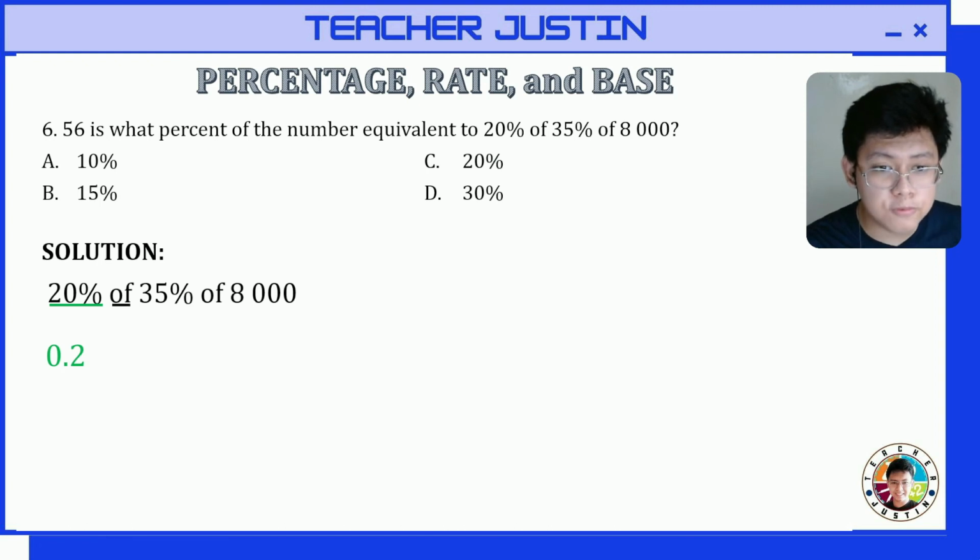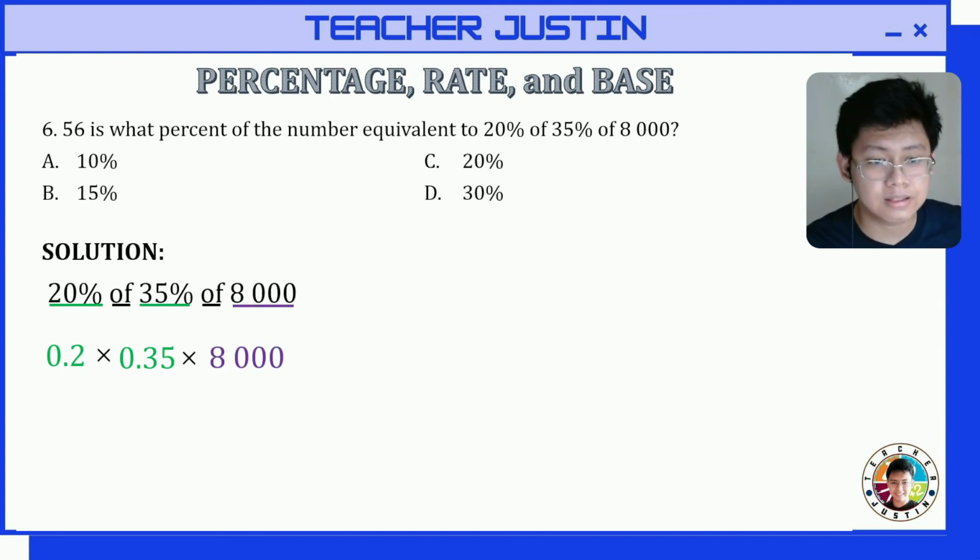Yung word na off, that is translated as multiplication. 35%, magiging 0.35. Yung word na off ulit is multiplication. Tapos yung 8,000, kopyahin lang natin. So, we will have 0.2 times 0.35 times 8,000. So, multiply natin yan. That will give us a product of 560.